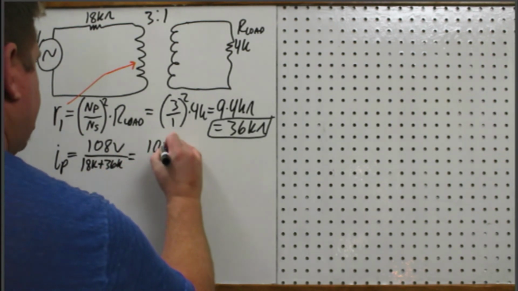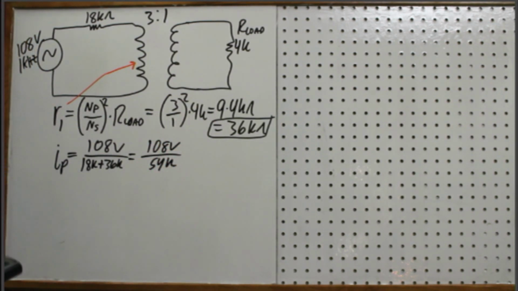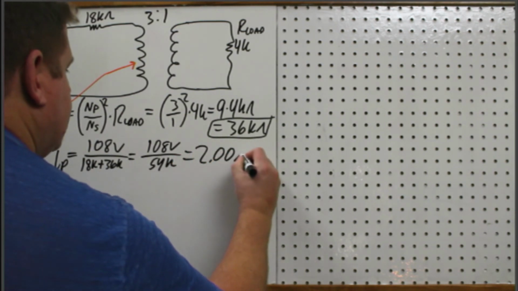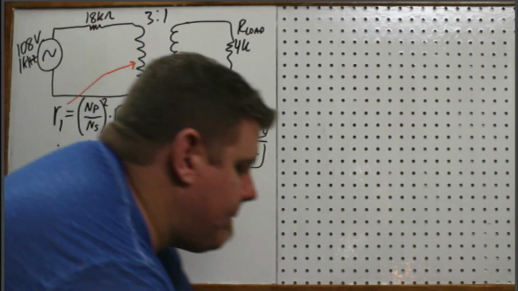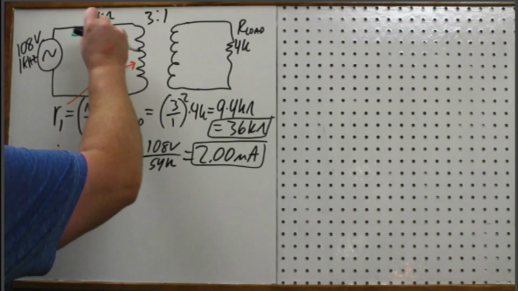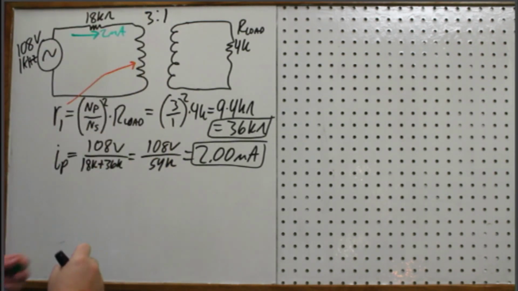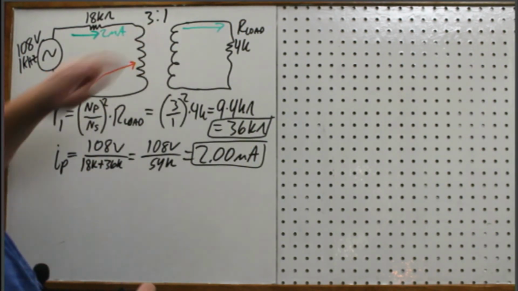So I have 108 volts divided by 54K. Now you can see why that value was chosen, so that makes this nice and easy. Now we're at 2 milliamps available on the primary. Did it in green last time, didn't we? So this is 2 milliamps.